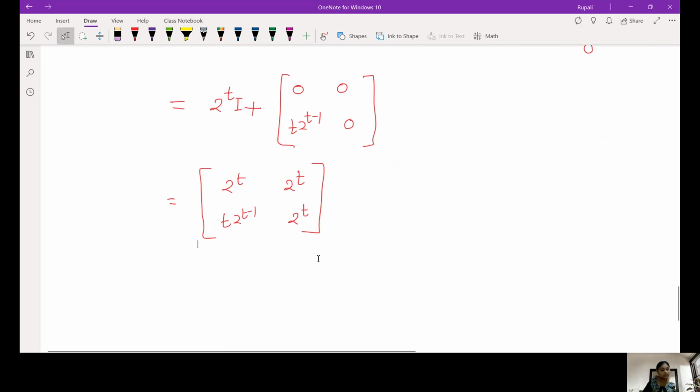So that is the power A raised to t. Then we can have some examples based on this.